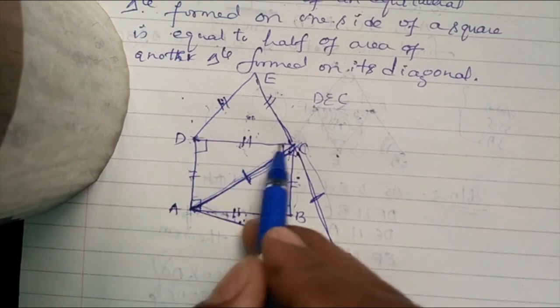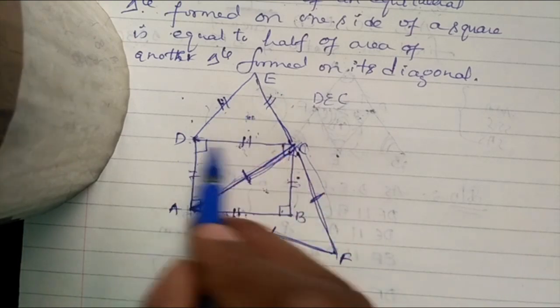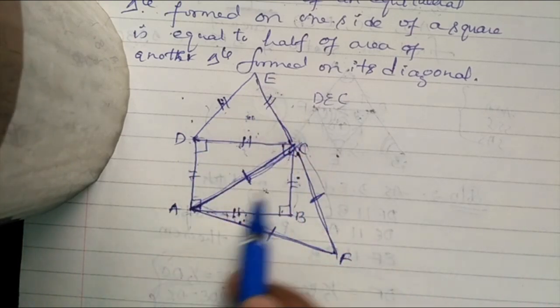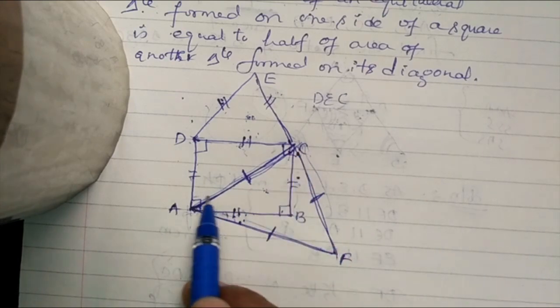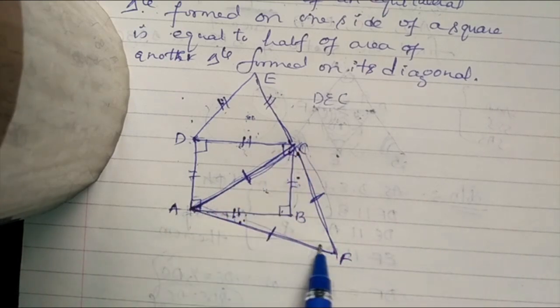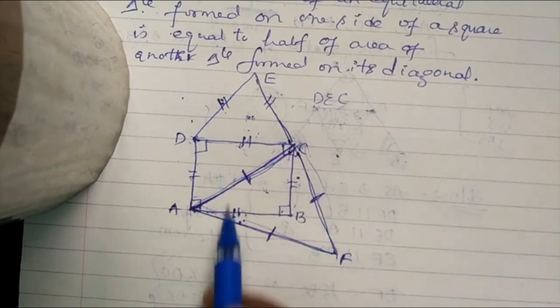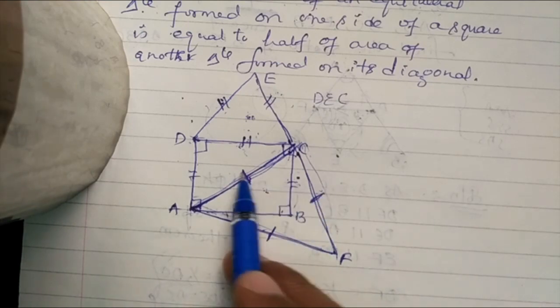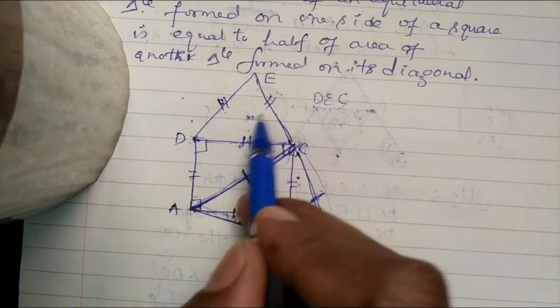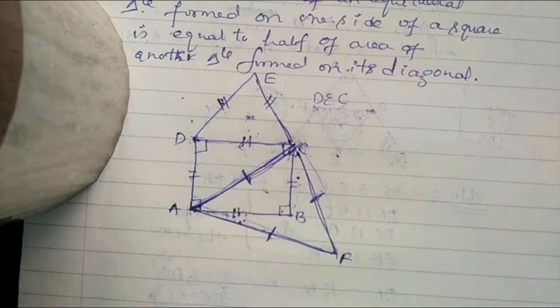Triangle DEC is formed on the side. Triangle AFC is formed on the diagonal. So this AFC triangle is separately one equilateral triangle, all three sides equal. This DEC triangle is another equilateral triangle, all three sides equal.